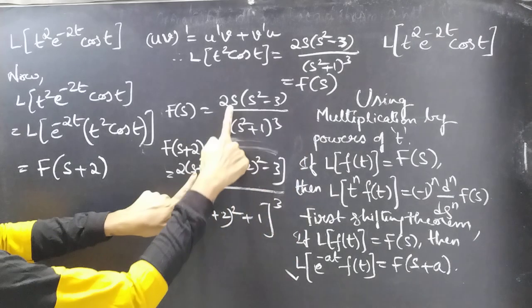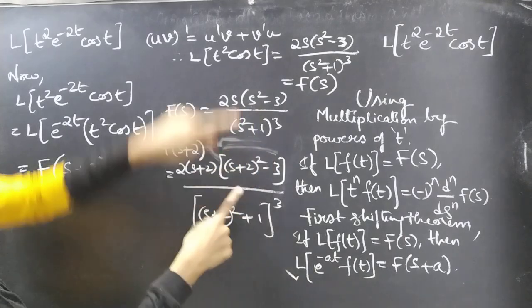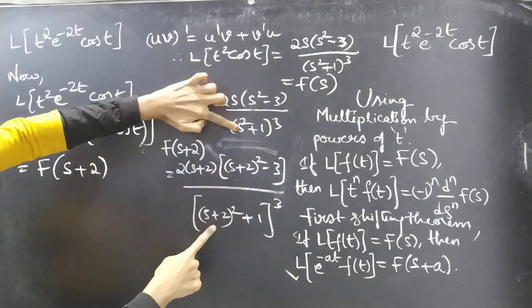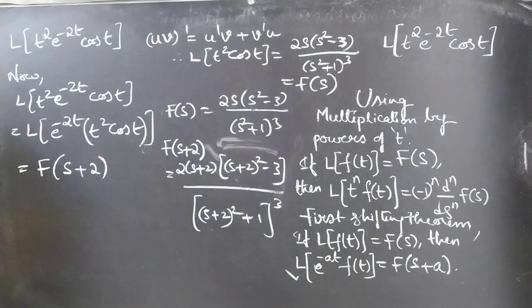We have just replaced s by s plus 2. Okay, just replace s by s plus 2 in F of s, then you'll get F of s plus 2. I mean the value of F of s plus 2, I can say.